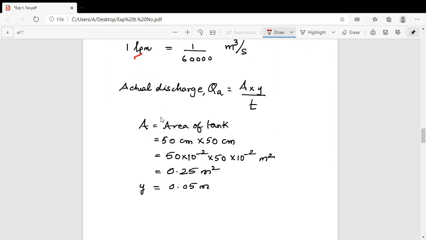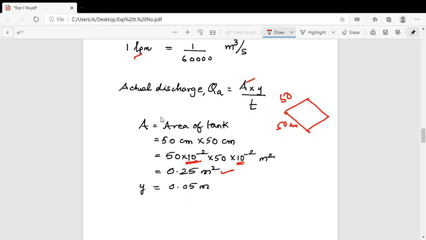The actual discharge is calculated using the time that is noted. A is the area of the collection tank. The area of the collection tank is 50 into 50 centimeter. To convert the centimeter to meter, I am multiplying by 10 power minus 2.